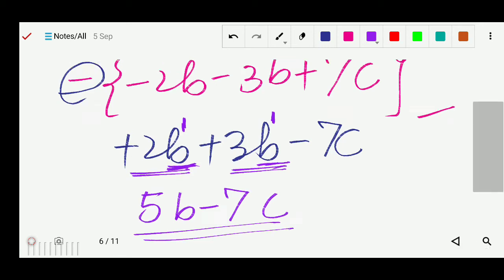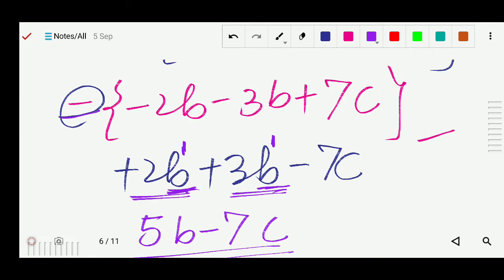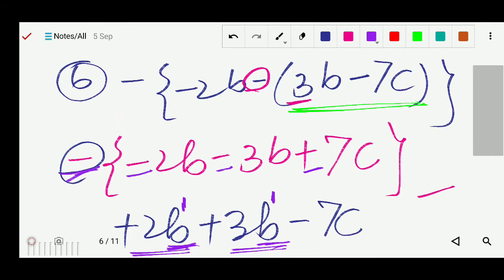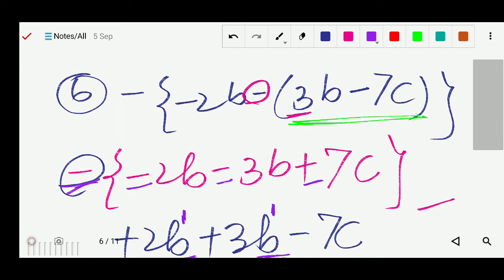Here I have made a mistake, you just correct it. I actually wrote the wrong question. In the question it is given a plus sign, so here it will be a minus sign.